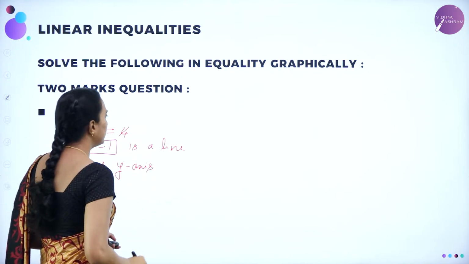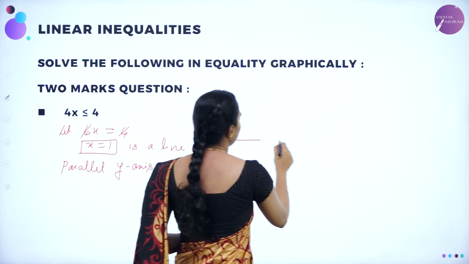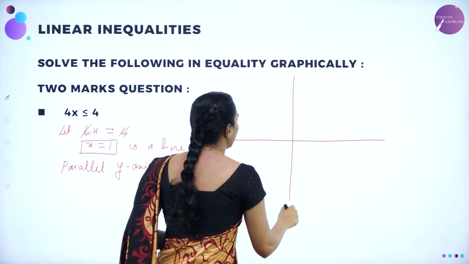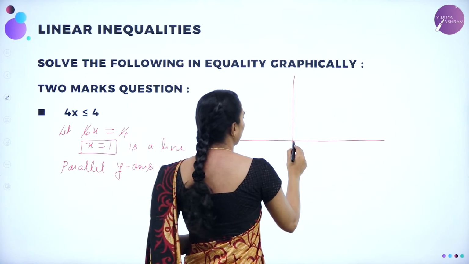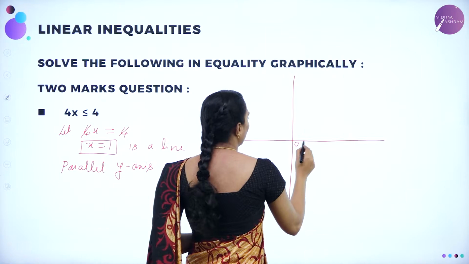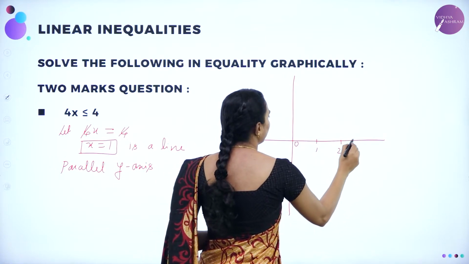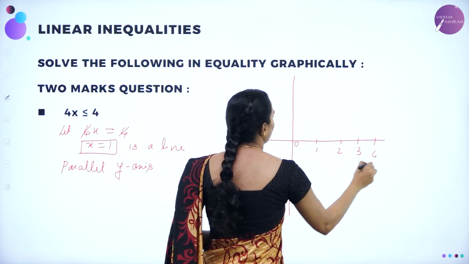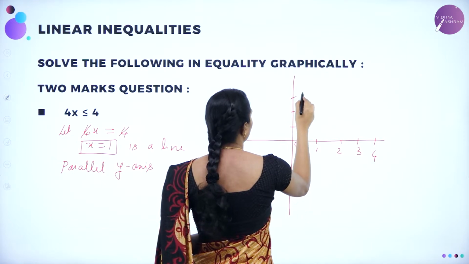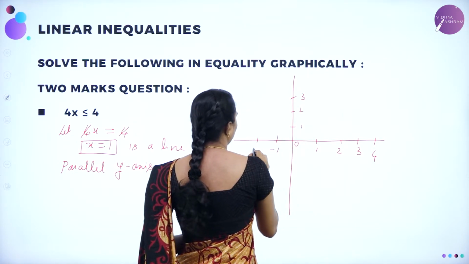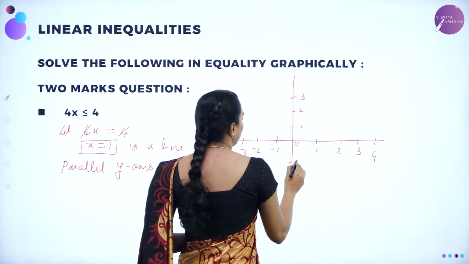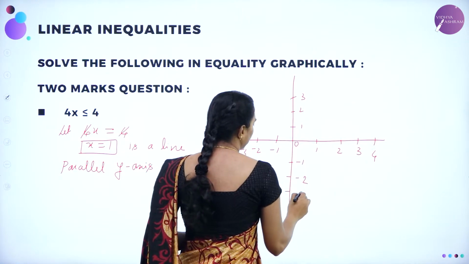Now here let me draw the x-axis and then the y-axis, which are perpendicular. This is the origin 0, 1, 2, 3, 4 and here 1, 2, 3 and here -1, -2, -3, -1, -2, -3.